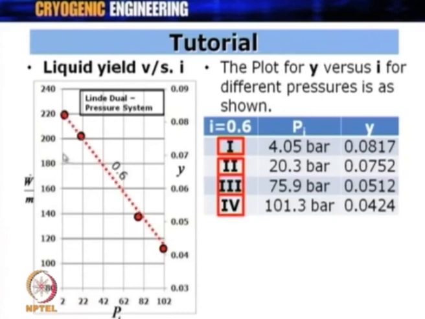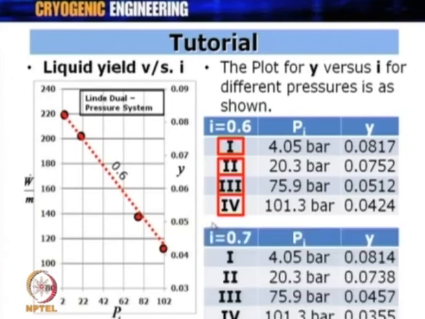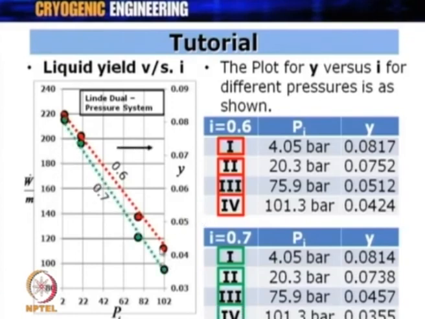So, if you join them together, you can see a kind of linear variation when you plot y with respect to the intermediate pressure, and this is for I equal to 0.6. We have a second table for I equal to 0.7, again with case number 1, case number 2, case number 3 and case number 4. If you plot these values and connect them, you can see this. So, this is to be compared with the earlier one.